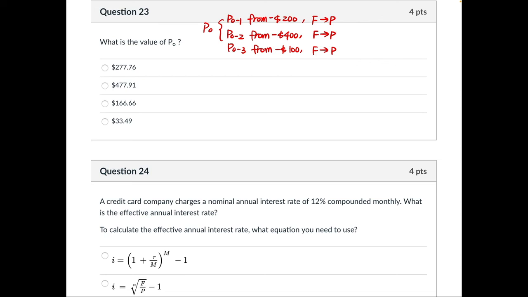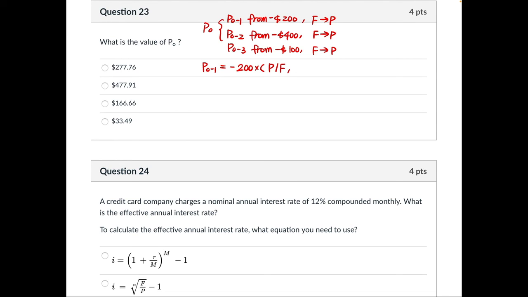So now let's continue to calculate what is P01, P02, and P03. P01 equals to, if you want, you can include the negative sign, 200 times, it's to convert a future value to the present value, so it's to find P/F.